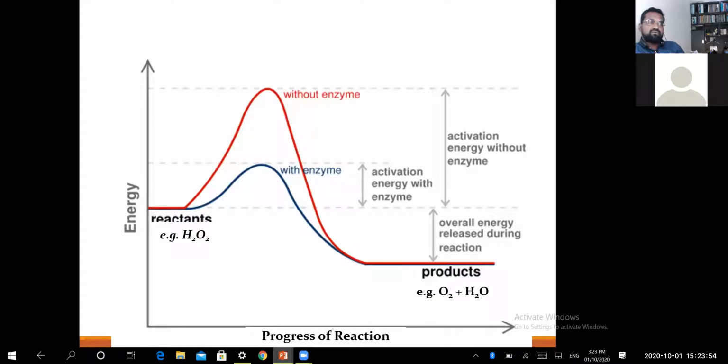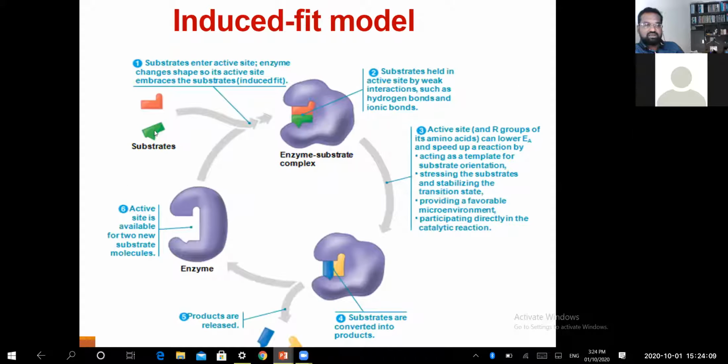Now, one more feature of the enzyme is that although it improves the rate of reaction and lowers down the activation energy, it actually does not take part in the reaction. If you go to the previous slide, what you are seeing here is the free enzyme molecule.